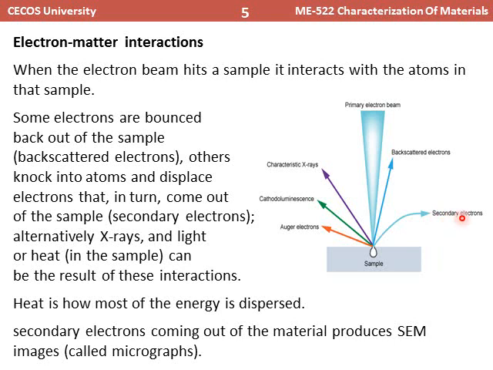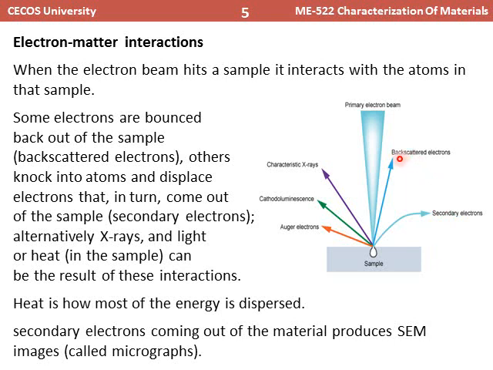A very important thing that I have to mention here is that secondary electrons and backscattered electrons are totally different, and the detector that detects backscattered electrons is totally different from the one for secondary electrons. This means there will be two detectors. One will detect backscattered electrons and the second detector will detect secondary electrons.